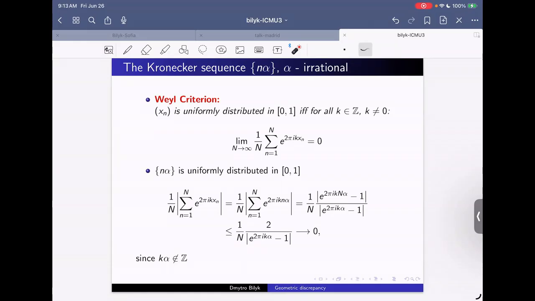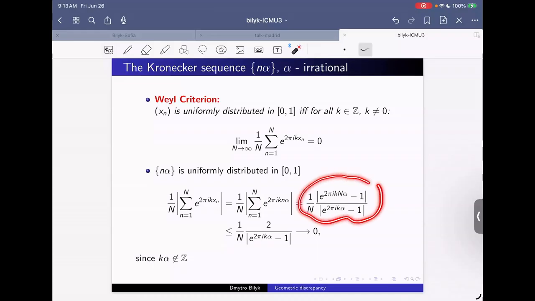But if you take an irrational number alpha, then you can easily compute these sums. Okay, so the fractional part no longer matters, because these numbers are in the exponents, and then this just becomes a geometric progression. So you just compute the sum of the geometric progressions.